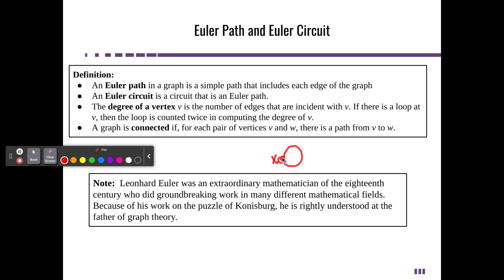This has a degree of 2 because you have 1, 2, two different ways to go in there. That seems weird, because it seems like it would just be 1, but it's degree 2 in that situation. And then a graph is connected if for each pair of vertices V and W, there's a path from V to W. So it's kind of like adjacent in some ways.